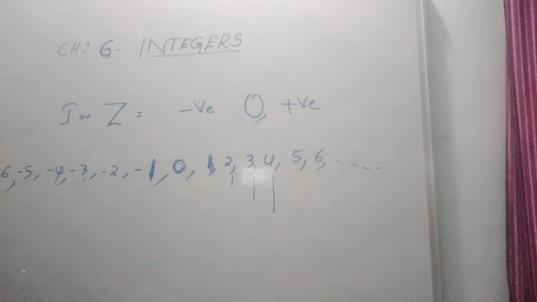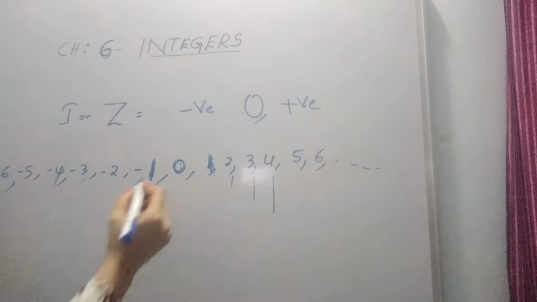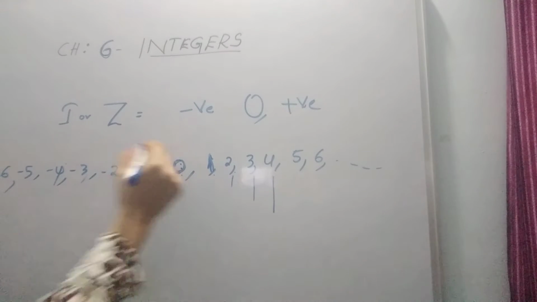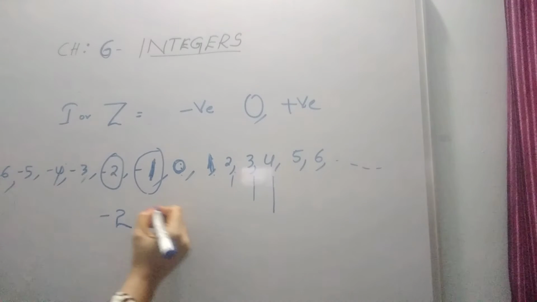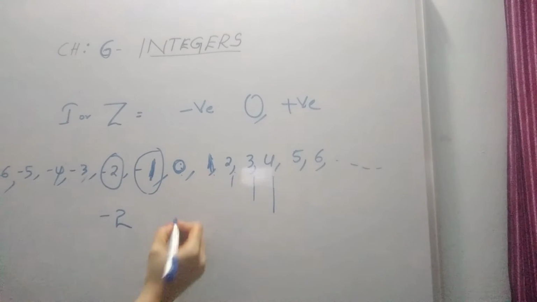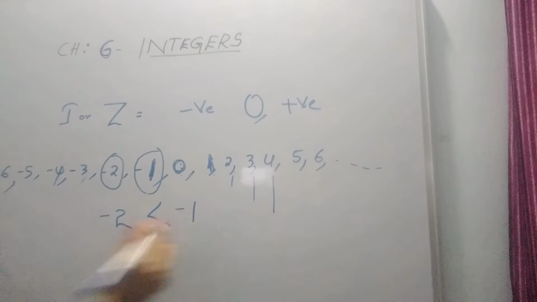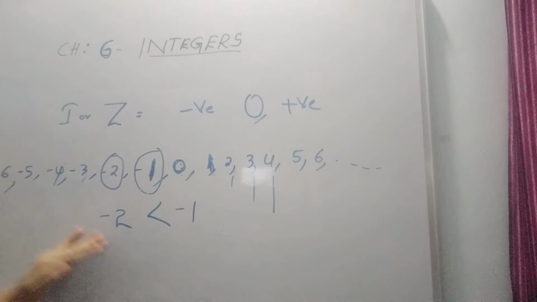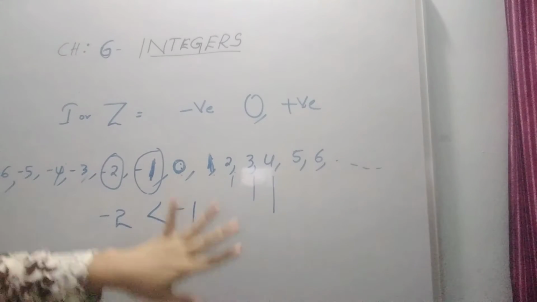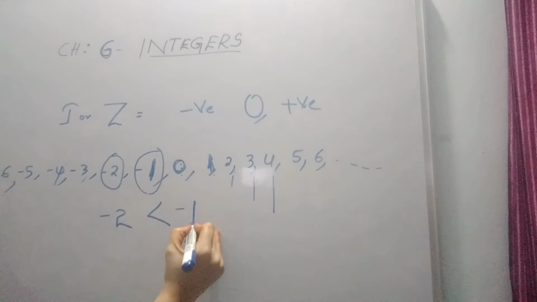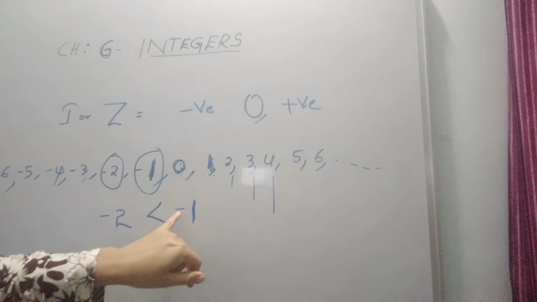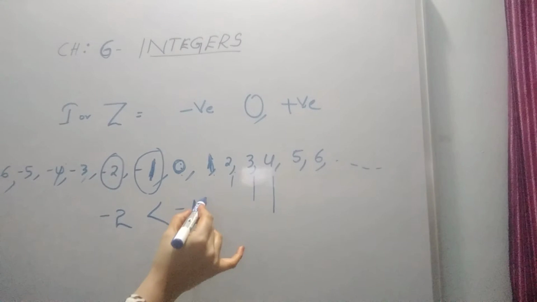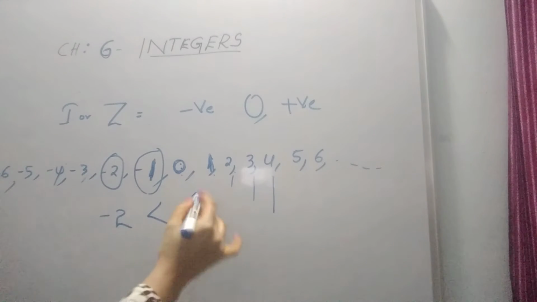But among negative numbers, -1 is greater than -2. -1 is greater than -2. Okay? -2 is smaller than -1. So the smaller number becomes greater here. If you put the negative symbol, the smaller number becomes greater.